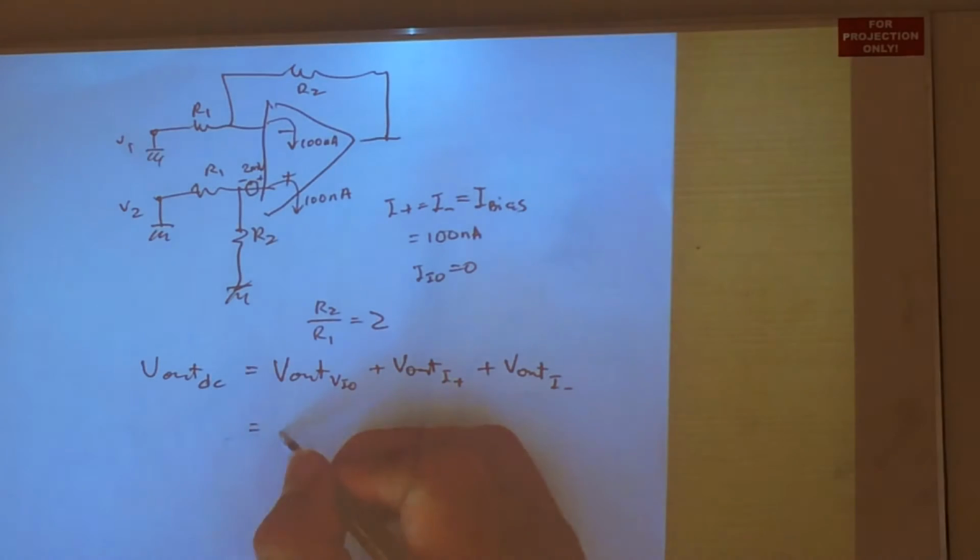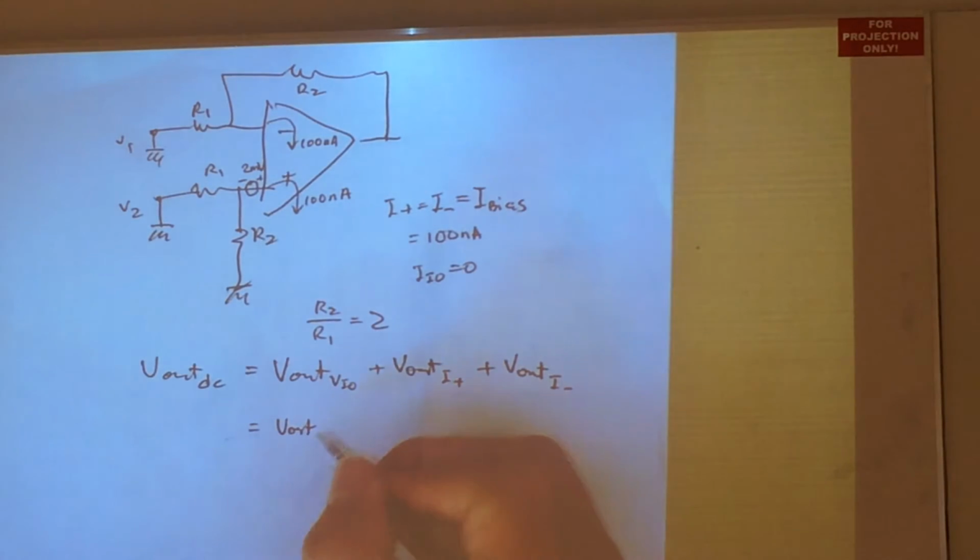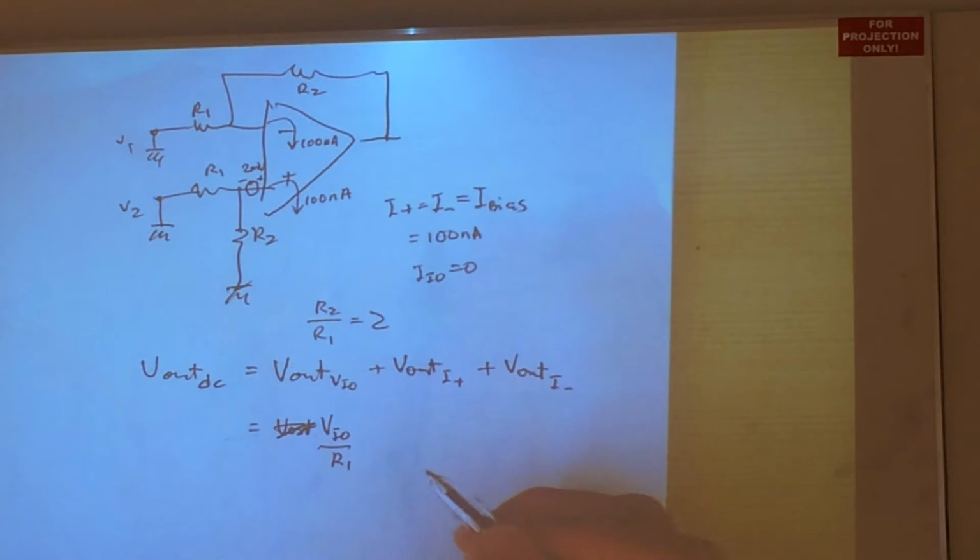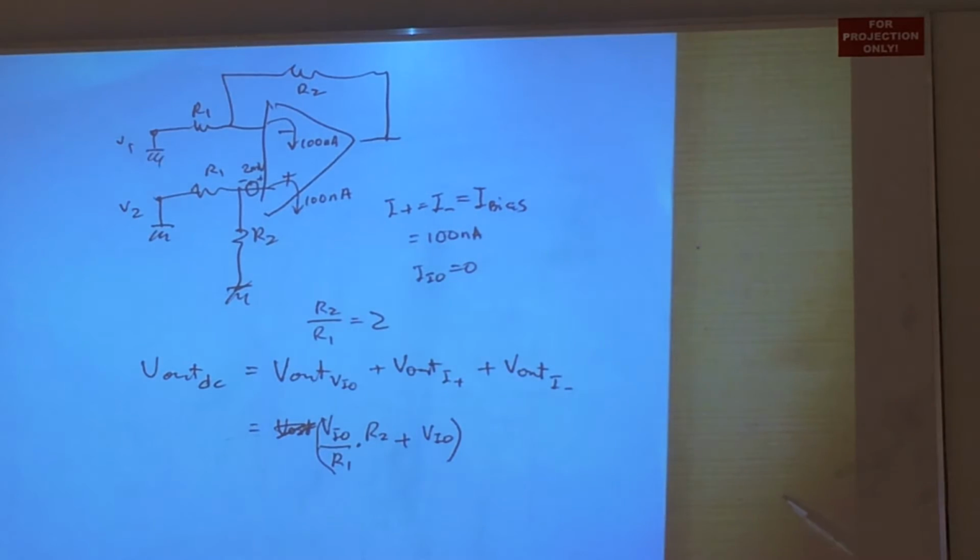So you have V offset, V I naught divided by R1 to give you the current in R1. Take this current, multiply by the resistor R2, which gives you the voltage drop across R2, plus the voltage drop across R1, which is still V I naught, gives you the voltage V I naught at the output.